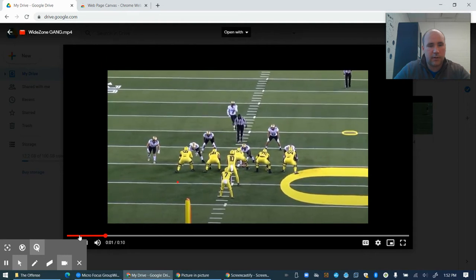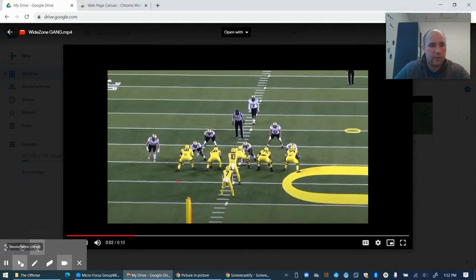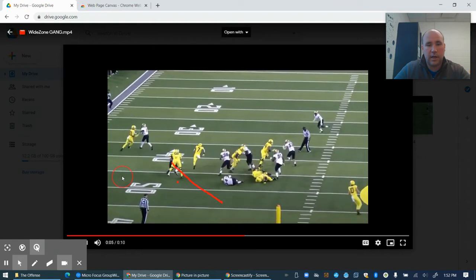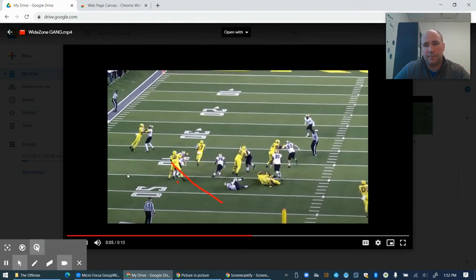But let's go back and look. His path was somewhere out here, but he actually went inside the tackle. So now let's play it. He never moved off that original path, but he went inside the tackle. A lot of people would say, oh, what a cutback. Not cutback. He stayed on his path.